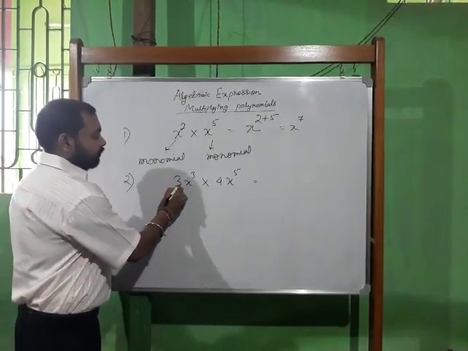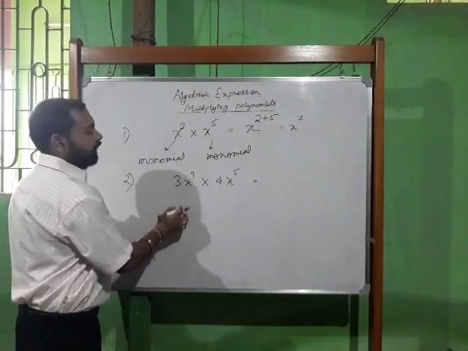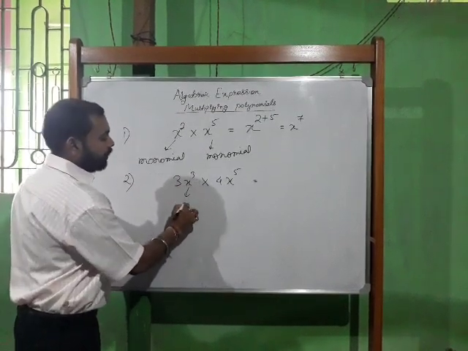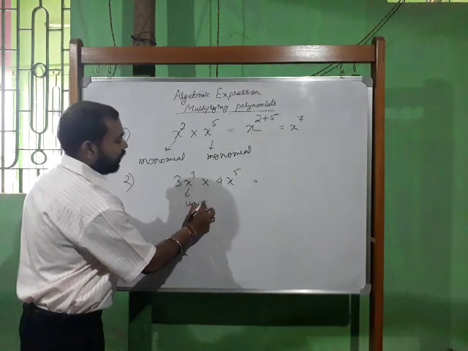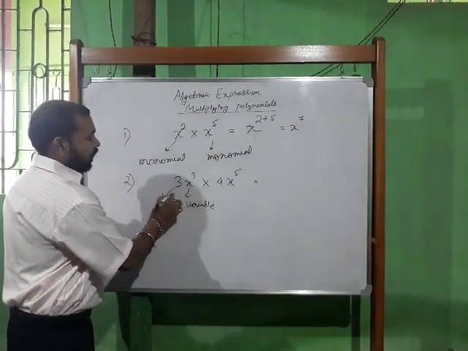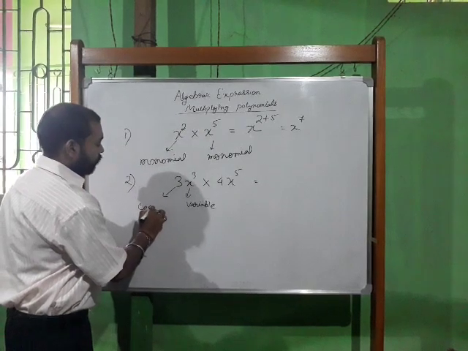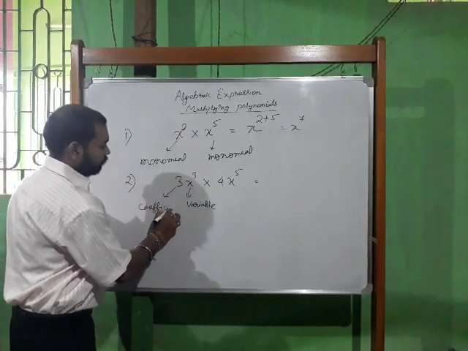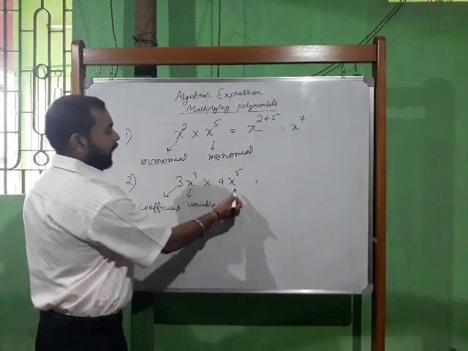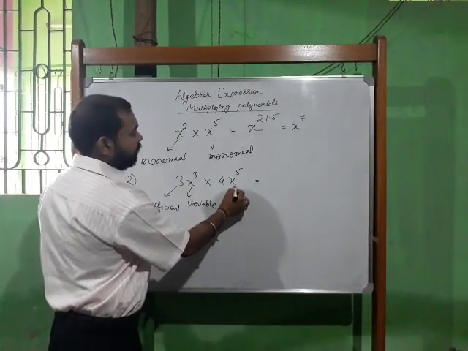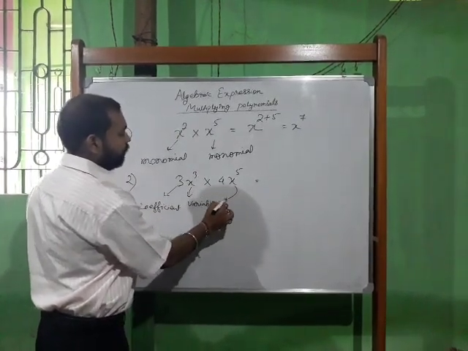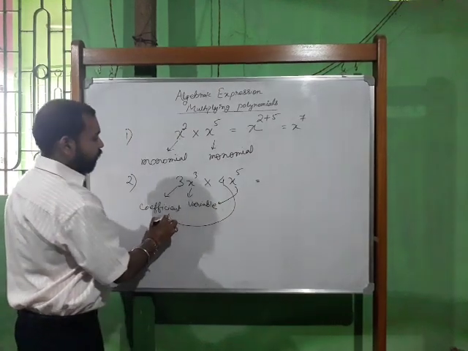The number that is associated with a variable is called a coefficient. Here x is the variable and 4 is the coefficient.